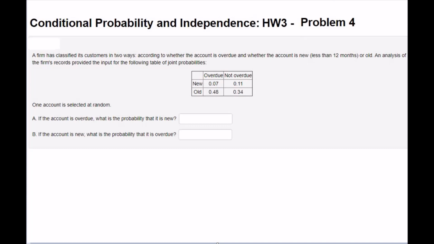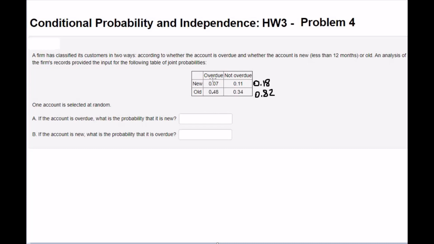Now we're going to extend this table and write the totals. So we're going to sum vertically and horizontally. So the total new is 0.07 plus 0.11, which is 0.18 here. And if we add them up, 0.48 plus 0.34, we get 0.82.